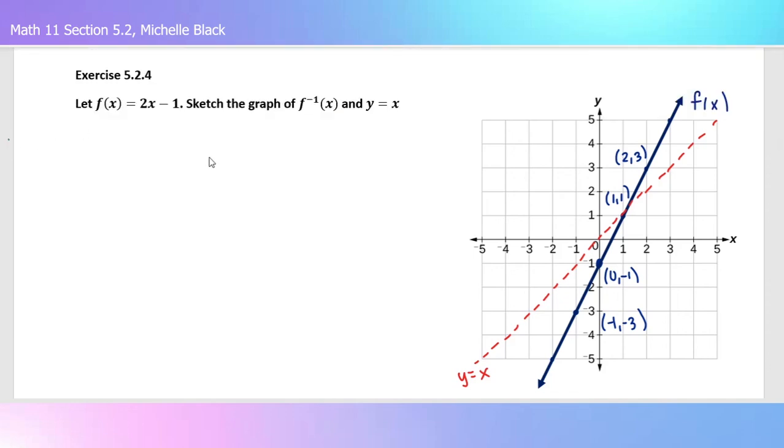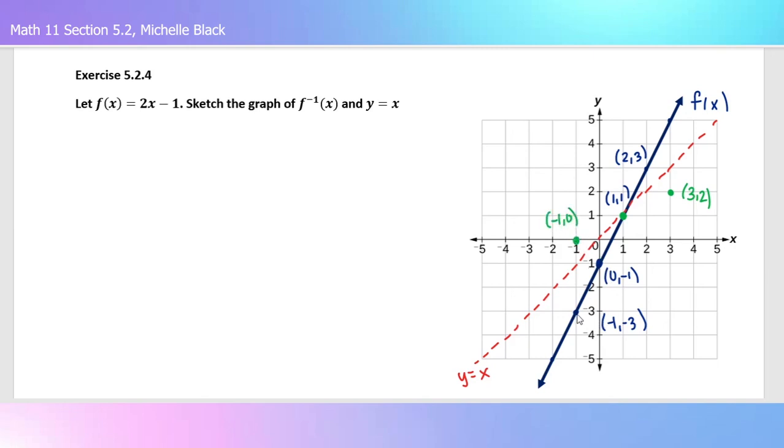So if my function f has the point 2, 3, if I switch my x and y, my inverse should have the point 3, 2. This one is 1, 1, so when I switch them, I'm still going to be at 1, 1. The next point is 0, negative 1. So if I flip my x and y, I'm going to have the point negative 1, 0.